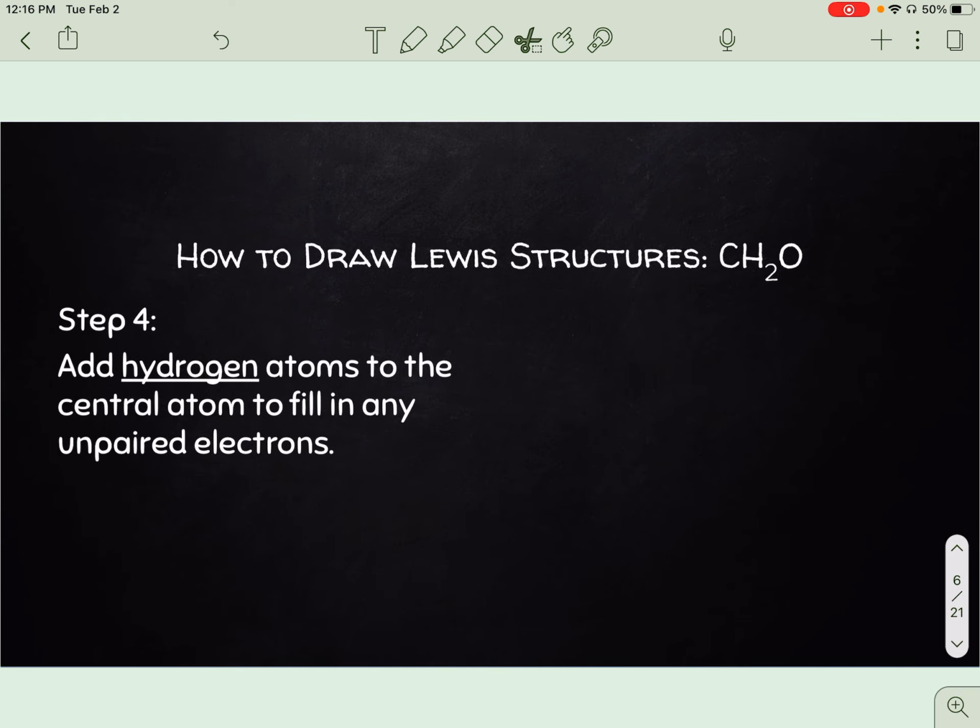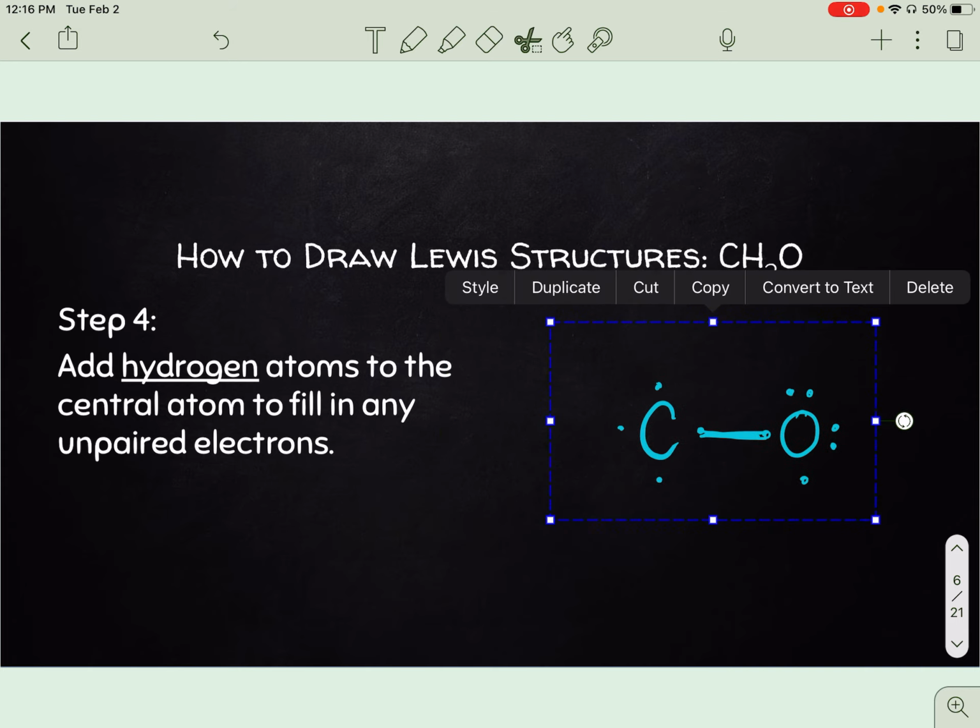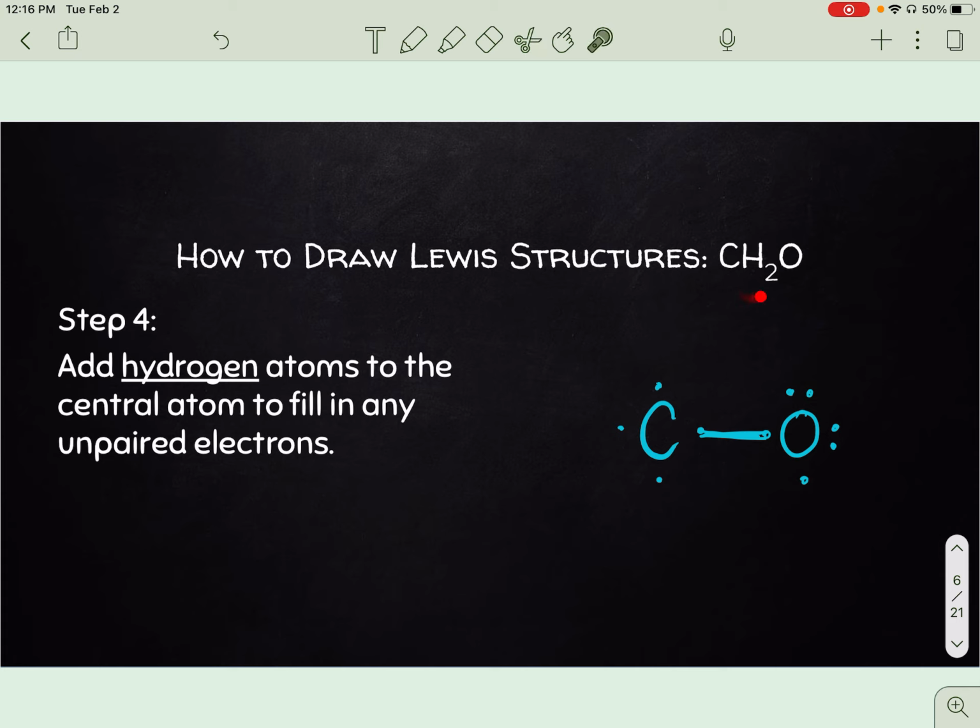Okay, and now my next step is to add the hydrogen atoms. So I have 2 hydrogen atoms, see here, CH2. So I'm going to add those 2 hydrogen atoms, 1 here and 1 here.